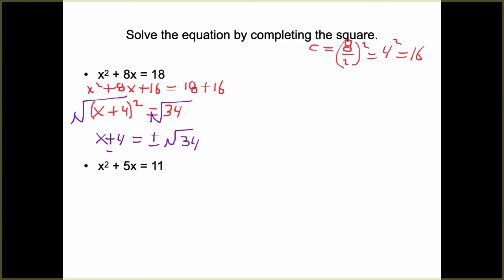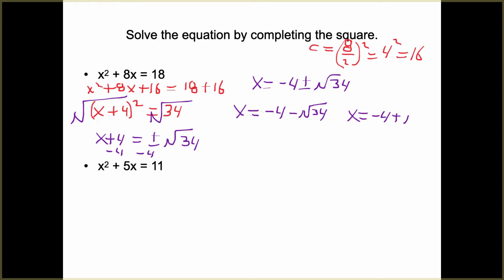Move the 4 over by subtracting it from both sides, and we get that x is negative 4 plus or minus the square root of 34. And we get our two equations. x is negative 4 minus the square root of 34, and x is negative 4 plus the square root of 34.